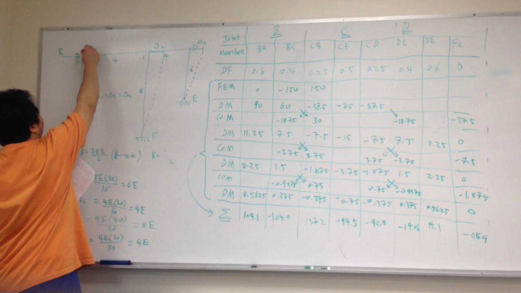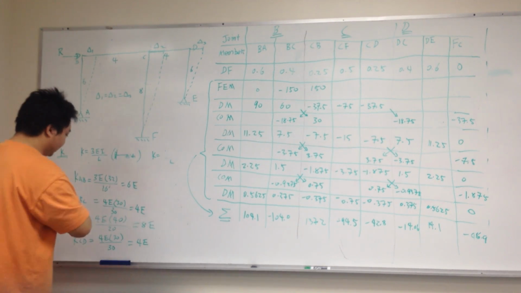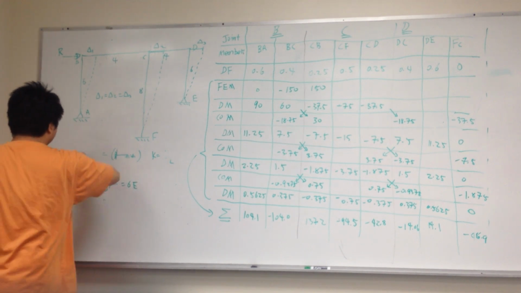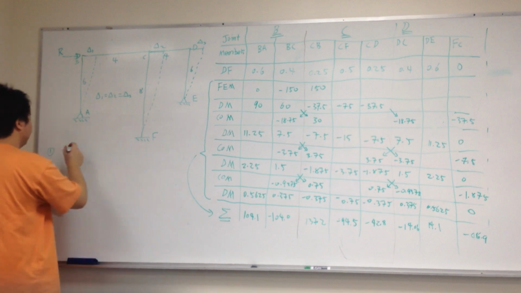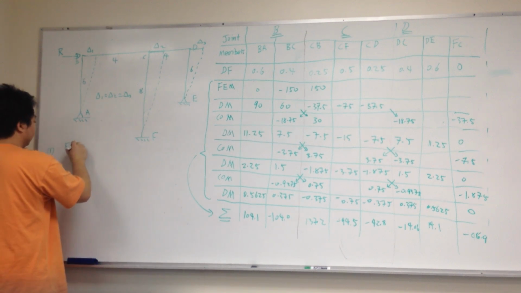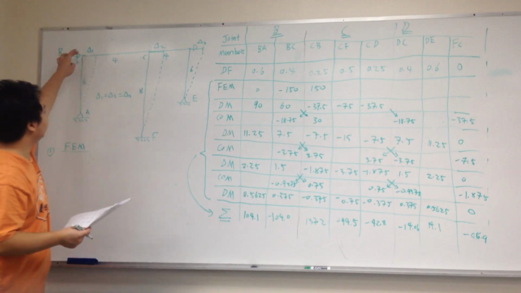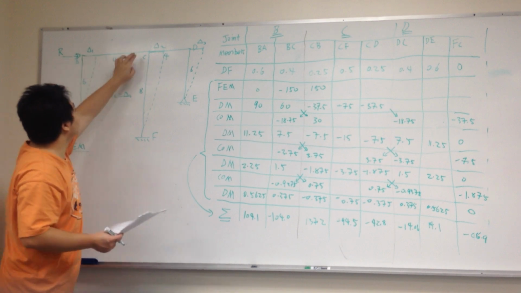Delta 1. You don't have this. So in this case, your fixed end moment is going to change. Because before fixed end moment, you have distributed load here and nothing else. So you have BC and CB.